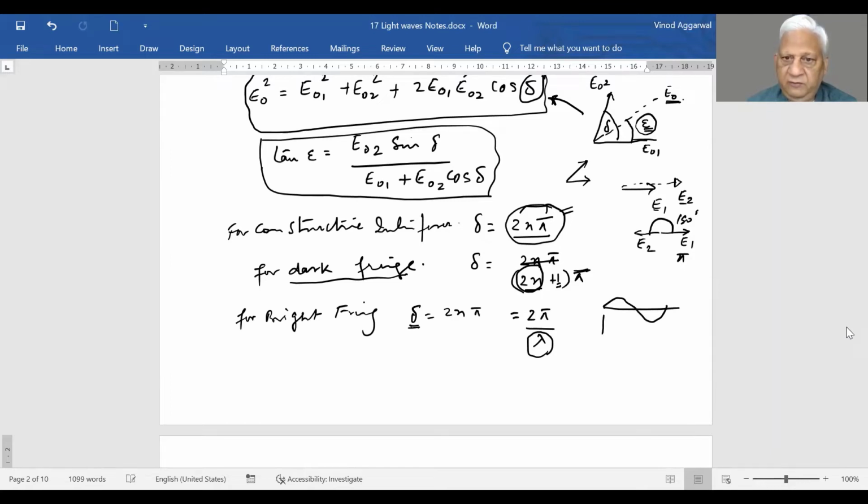When we travel one full wave, we cover an angle of 2 pi. So if we travel lambda distance, in terms of angle, we travel 2 pi. And if there is a delta x path difference, this is the phase difference between the two paths.